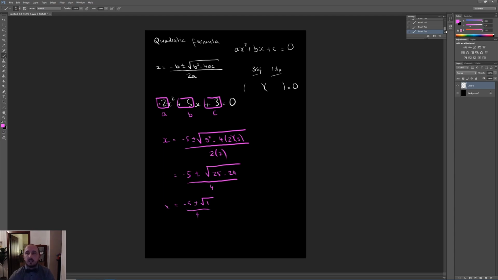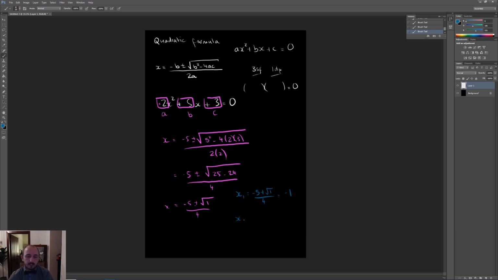So, if we take the 2 values here, one where we're using the positive in the plus minus and one where we're using the negative. So for our first value of x, let's call it x1, that can equal minus 5 plus square root of 1 all over 4. Minus 5 plus 1 over 4 is going to be negative 1.